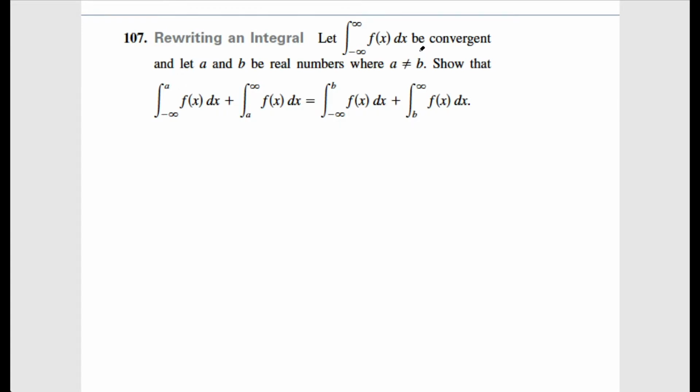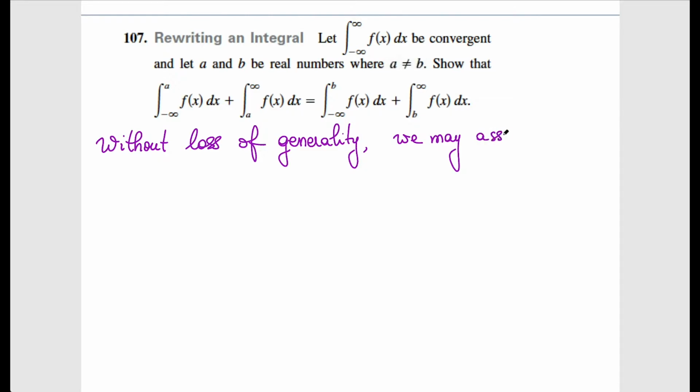Since a is not b, one of them is going to be bigger, right? So let's assume that b is bigger without loss of generality. In other words, if a is actually the bigger one, just replay this game that I'm going to do here, where a is replaced by b and b is replaced by a.